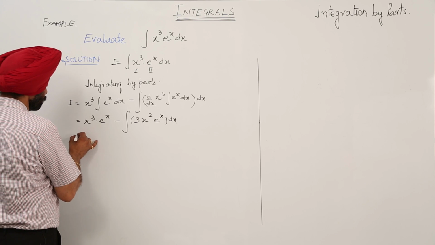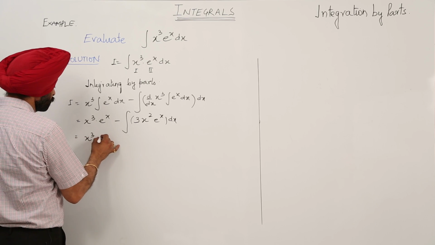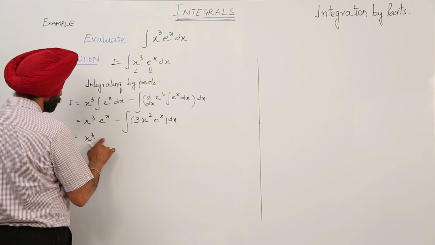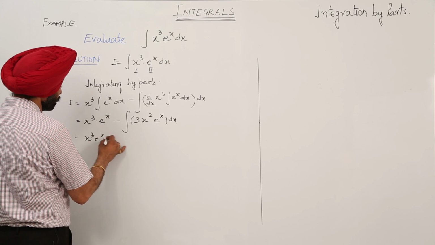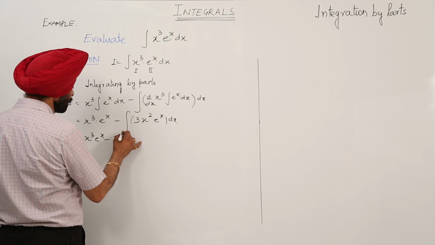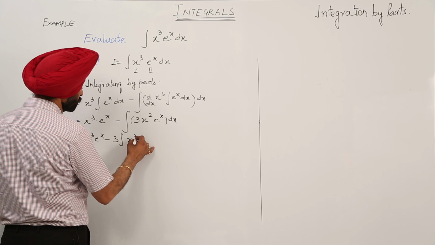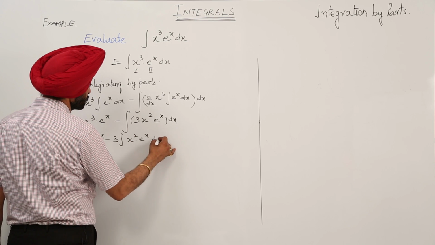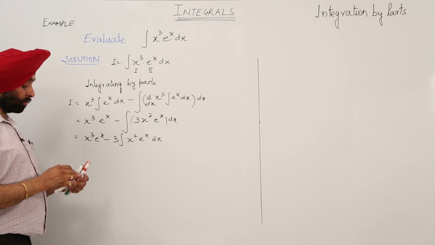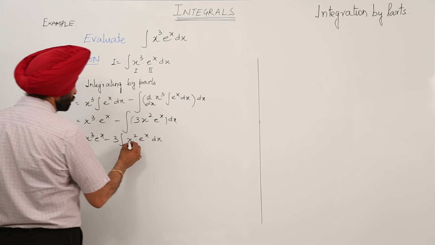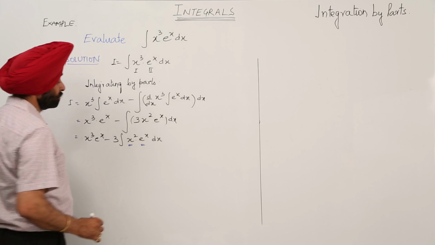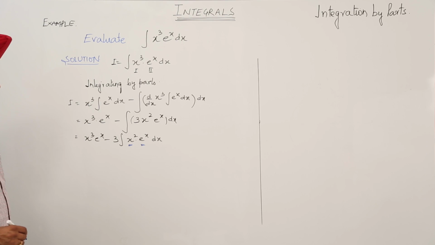Now what we are having, x cube e raised to power x minus 3 integration of x square e raised to power x dx. Now again we are having here two different types of integrals.